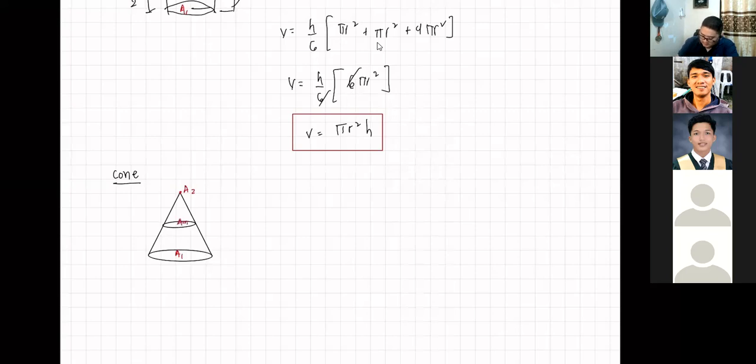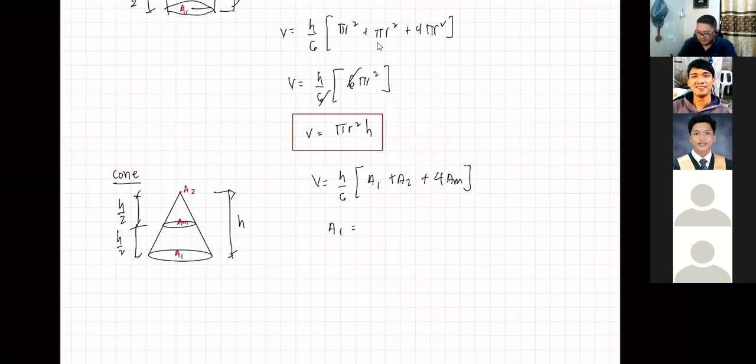So this is our H. This is H over 2, H over 2. Okay? So using again the formula for prismatoid volume, so A1 plus A2 plus 4AM. Okay? So kunin natin si A1. Si A1 is a circle. So pi r squared tayo.